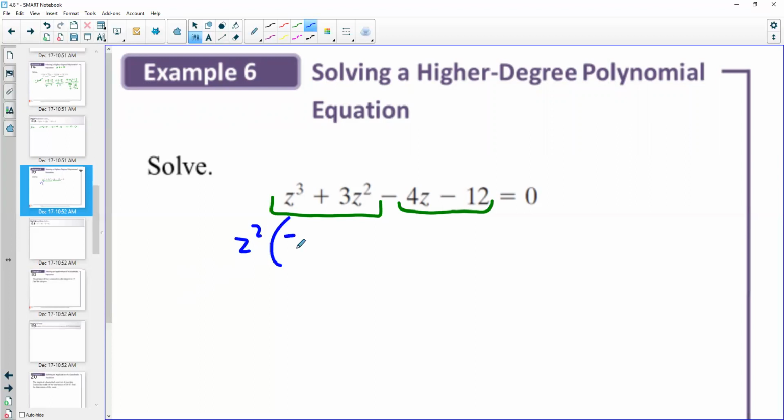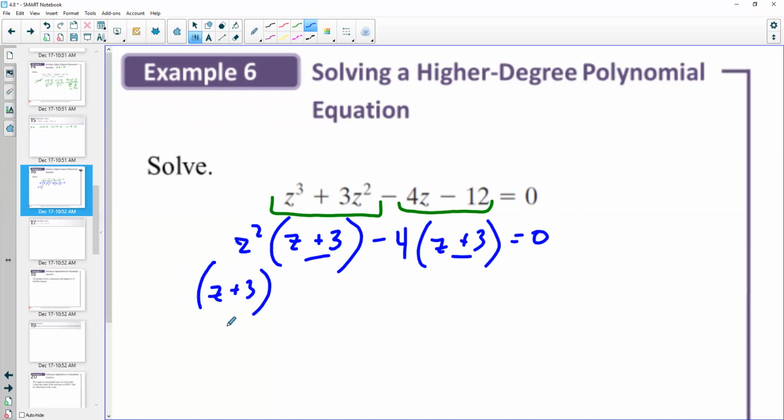And then I'm going to get left z plus 3. All right. Out of the second group, I can take negative 4. Okay. Leaves me with z plus 3 equals 0. Common binomial to the front, z plus 3, and then z squared minus 4 equals 0.